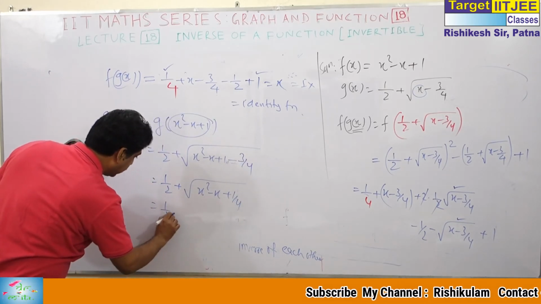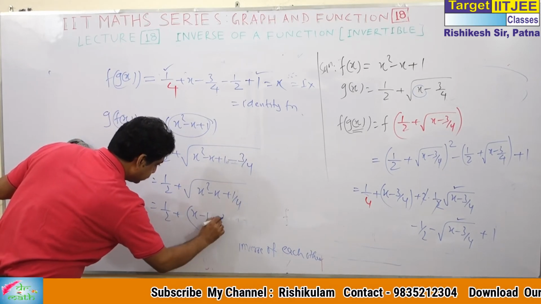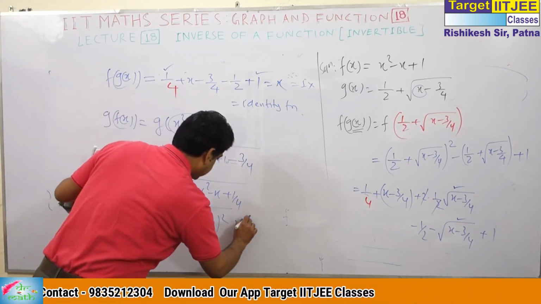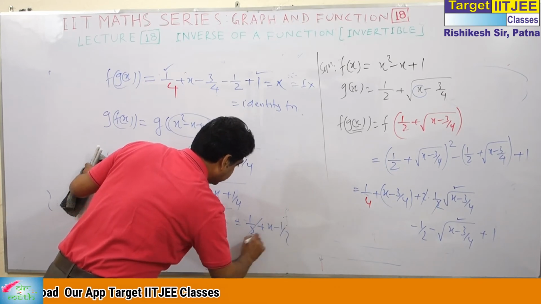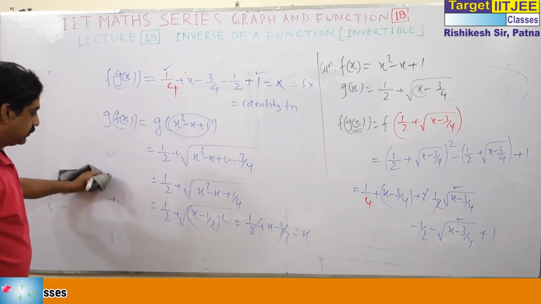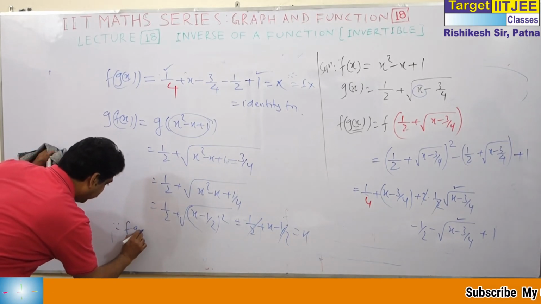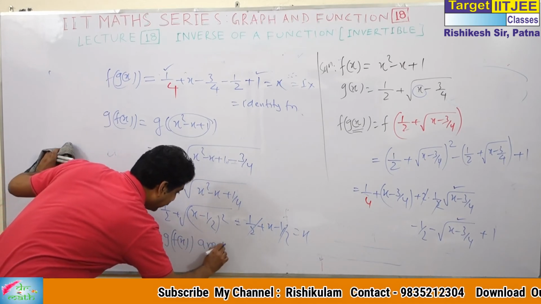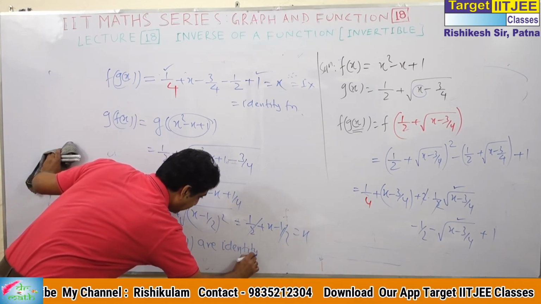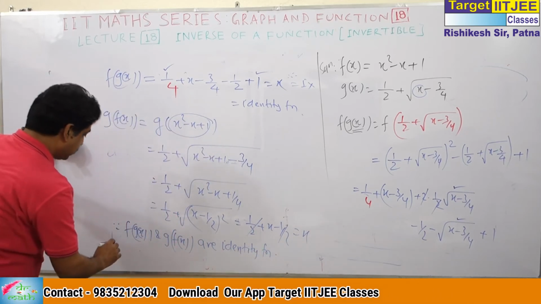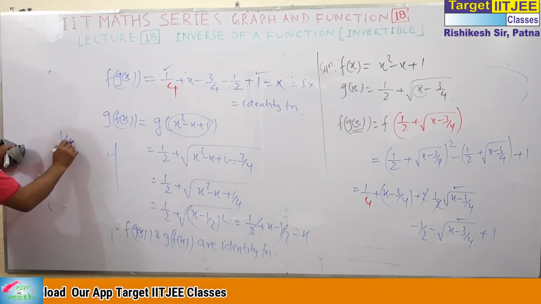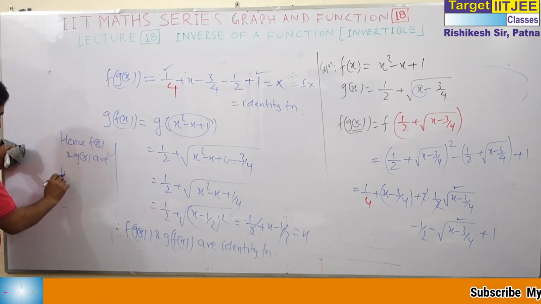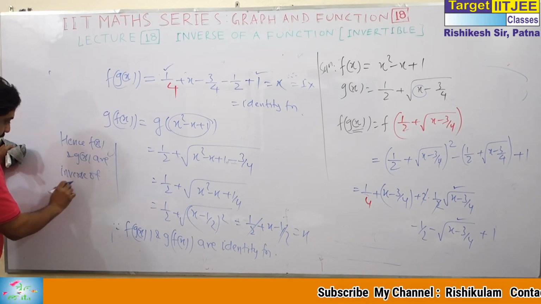And you can guess easily that this is x minus 1 by 2 whole square root over. And this is 1 by 2 plus x minus 1 by 2, which is x. So, since both f of g(x) and g of f(x) are identity function, meaning x, hence f(x) and g(x) are inverse of each other.